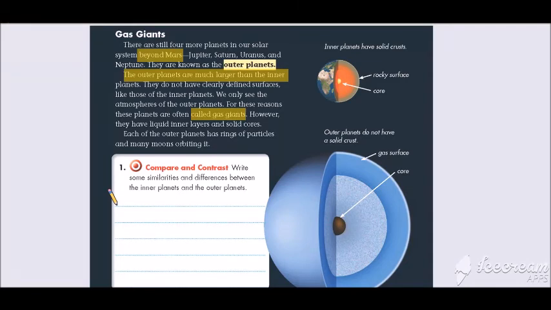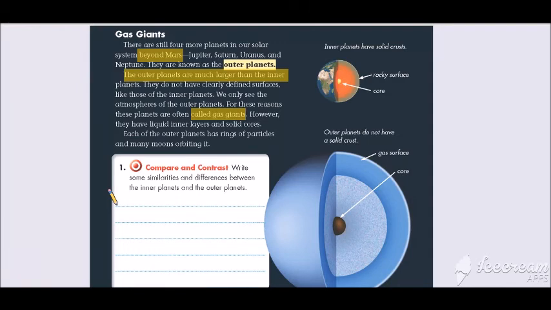They have liquid inner layers and solid cores, unlike the inner planets, which have a liquid melted core. These planets have different cores. They have solid cores and they are not molten as the inner planets.